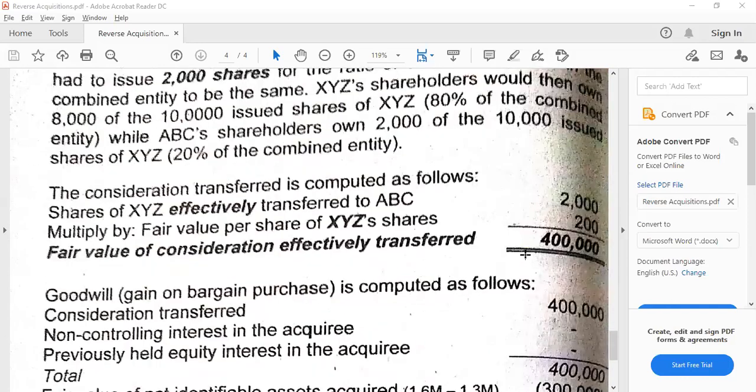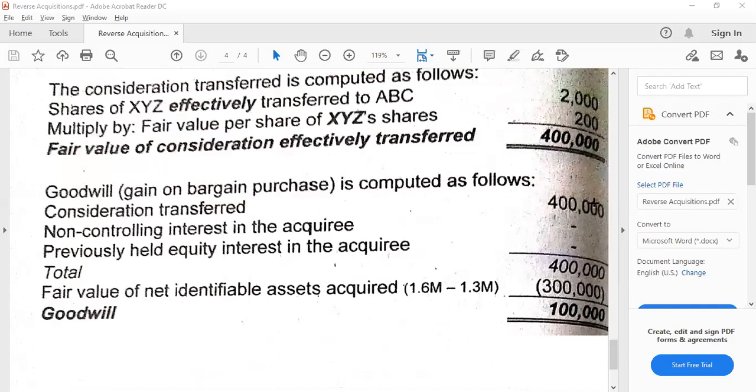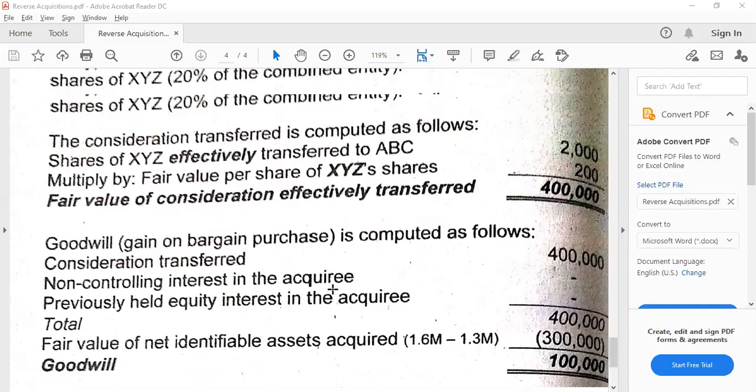So in this case, 2,000 times 200 is 400,000. And you can notice that this is also our basis in computing the goodwill. So 400,000 consideration transferred, no NCI, no previously held equity interest in the acquiree that needs to be revalued to fair value, less the fair value of net identifiable assets of the acquiree accounting wise.